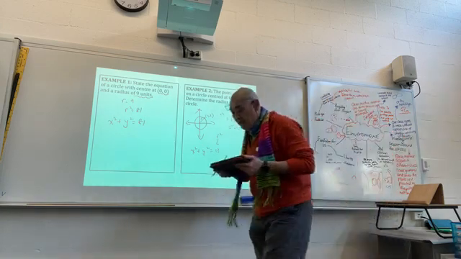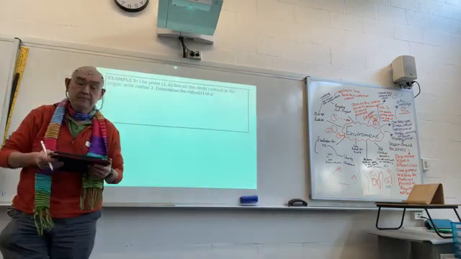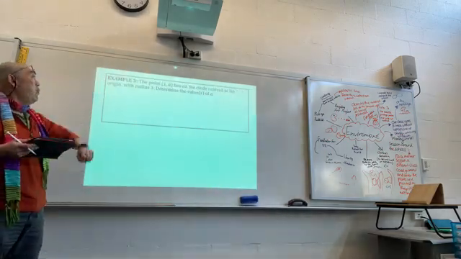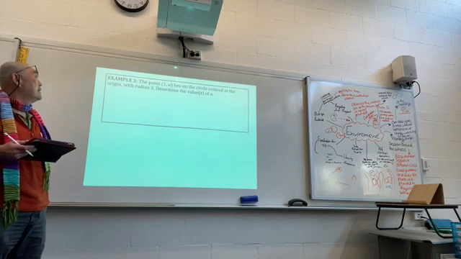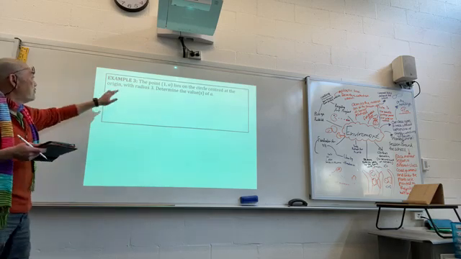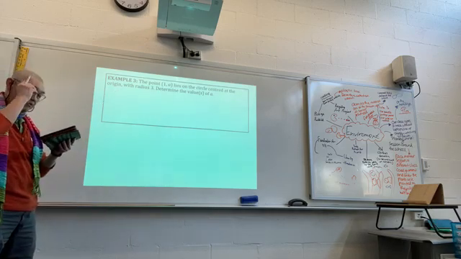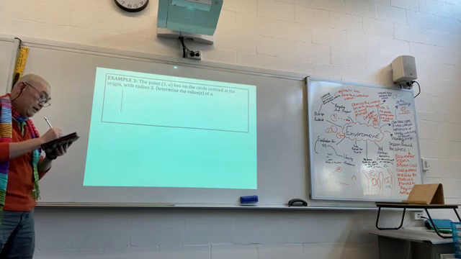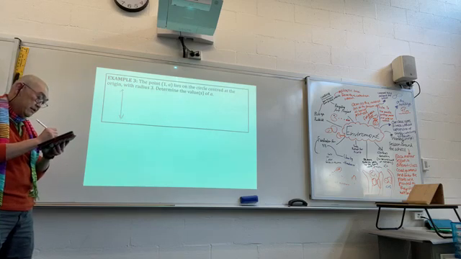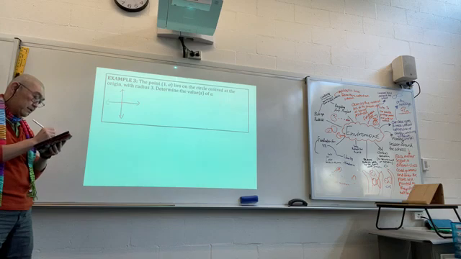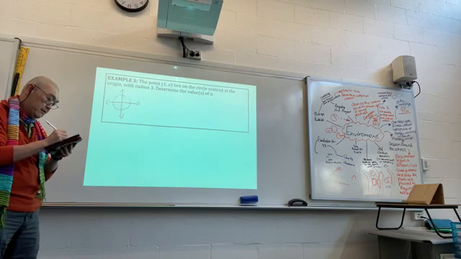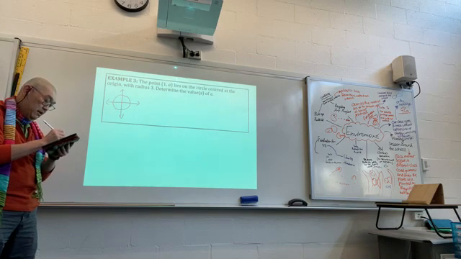Now, example 3. The point (1, a) lies on a circle centered at the origin with radius of 3. Determine the values of a. So again, I would suggest a sketch. Let's say this is 1.